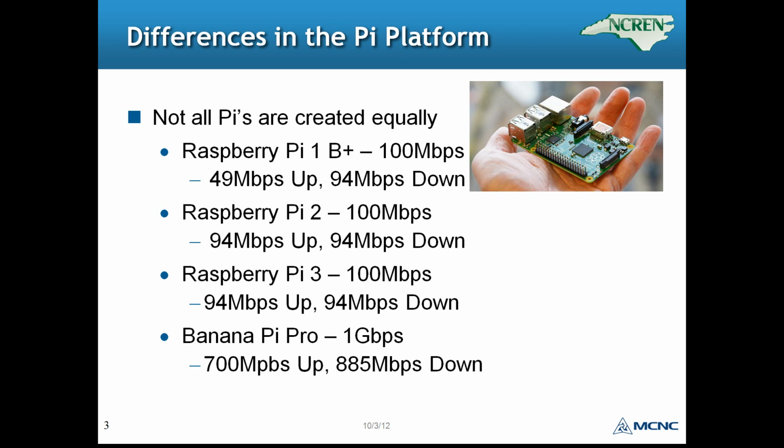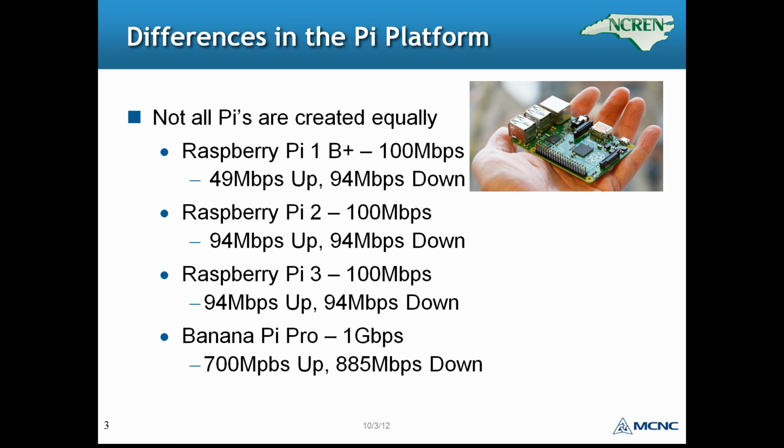So as I mentioned earlier, the Raspberry Pi 3 and the Banana Pro both have wireless built into the modules. The Banana Pi Pro actually requires an external antenna, which comes with the Pro. The Raspberry Pi 3 does not require an external antenna, but it has a little nub so you could attach an external antenna to it.